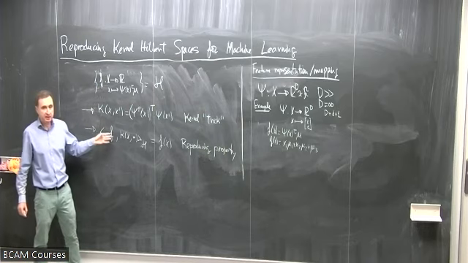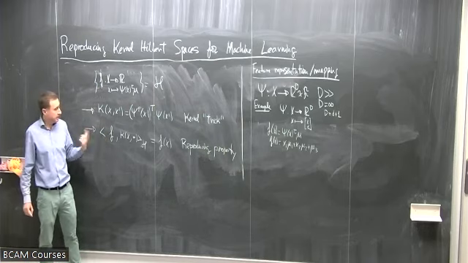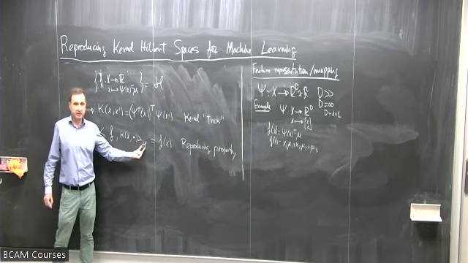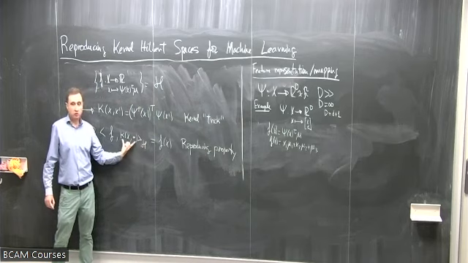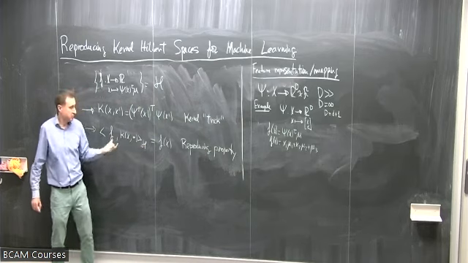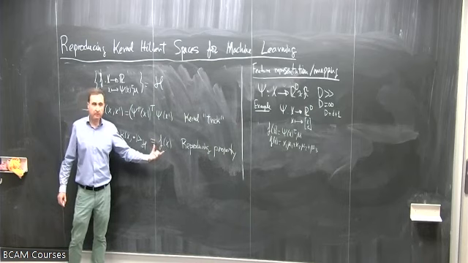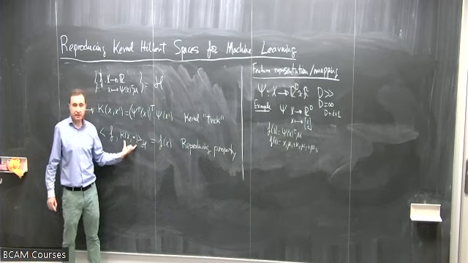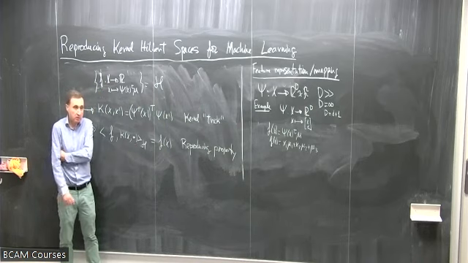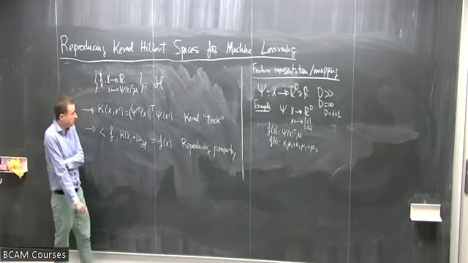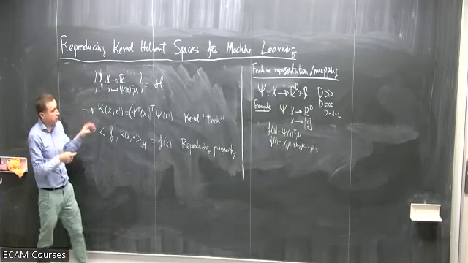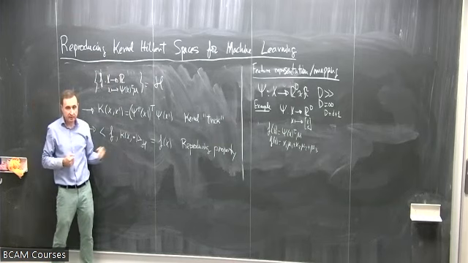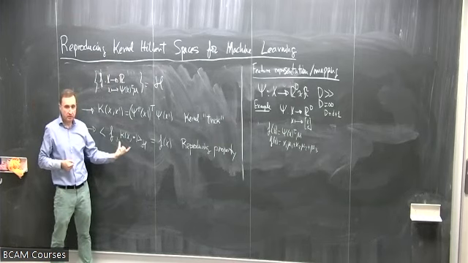So basically, this is also very useful. This basically means that if I know how to do inner products in the Hilbert space with my kernel, anytime I want to recover the value of some function at some specific point, it's just a matter of doing the inner product. So the plan is that we are going to work with functions in this space, but basically just using the kernel.